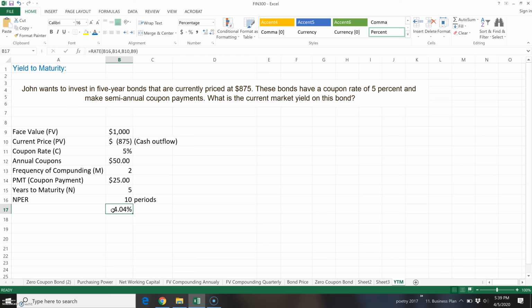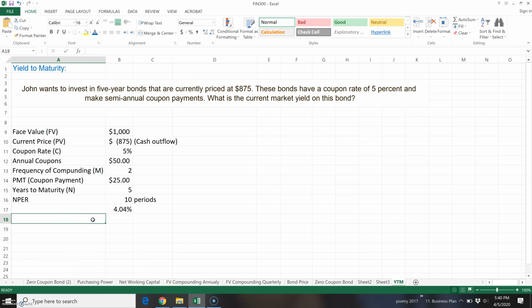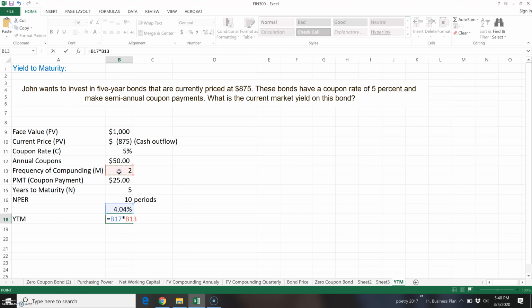Calculating the effective annual yield is the economically correct way to analyze the bond's yield because it takes compounding into account. So what we have to do is, yield to maturity will be equal to whatever yield to maturity we have calculated, multiplied by 2, and that gives the final value of 8%.